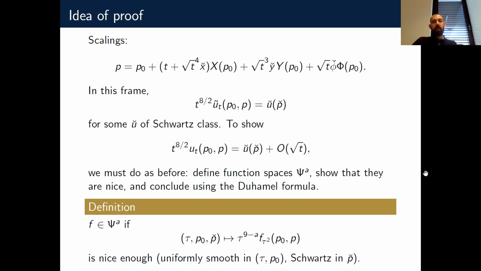And the function spaces are fairly obvious. They're the functions that behave well in the right coordinates. So these are the right coordinates. My p right here is given by this. It's the p in the good scalings. I have some time singularity right here.